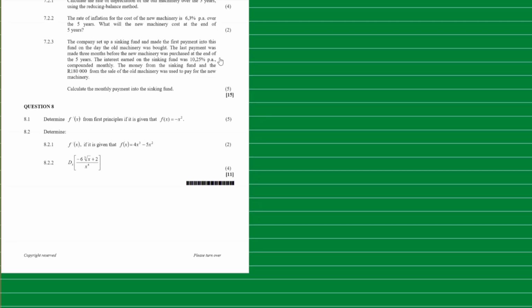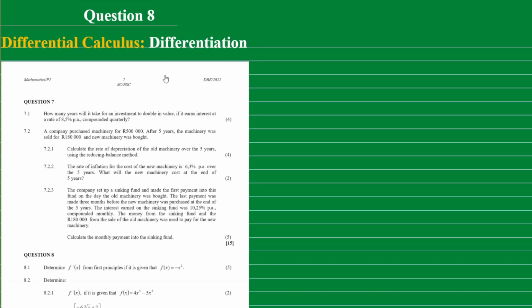It reads: 8.1, determine the derivative from first principles if it is given that f of x is equal to negative x squared. So we are given f of x, which is our function, equal to negative x squared.